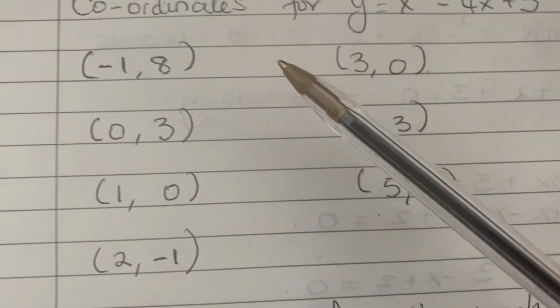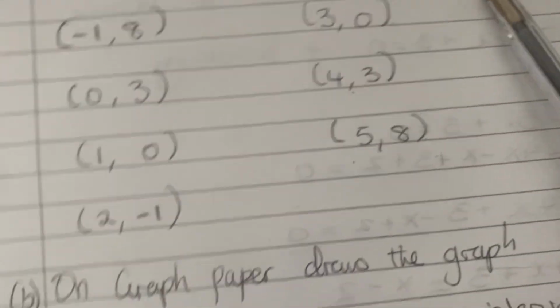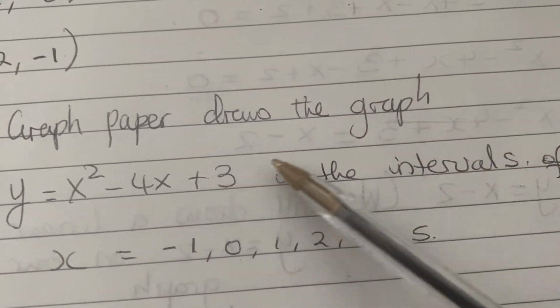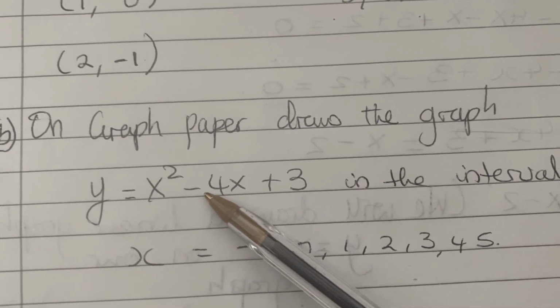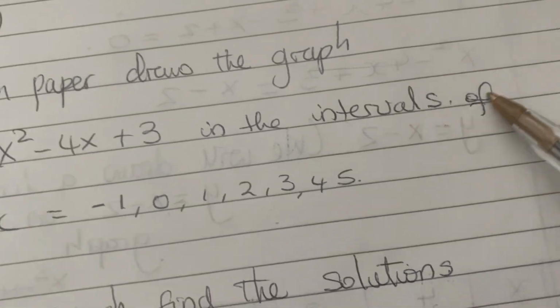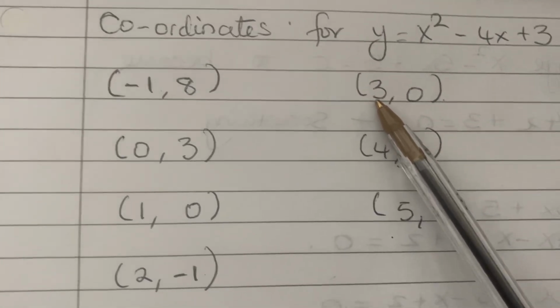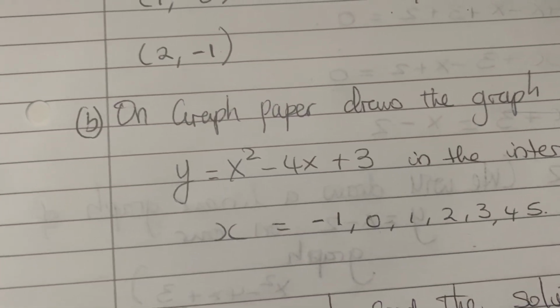Now this is what you are going to plot on your graph. So on the graph paper, draw y equals x squared minus 4x plus 3 in the interval. So the same coordinates you've got there, you are going to use to draw the graph. So that's the next question.